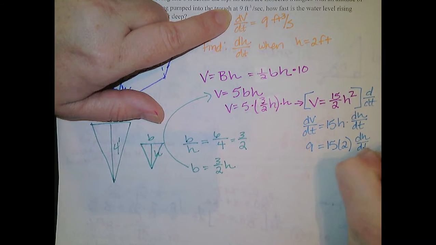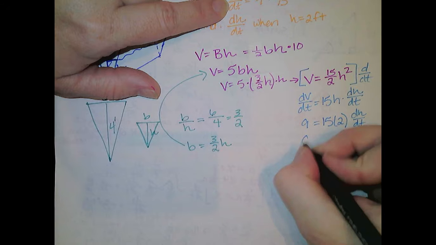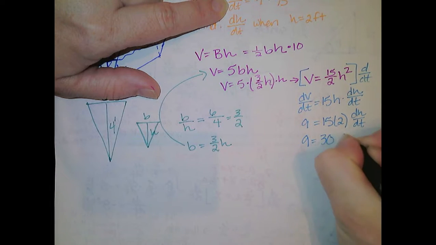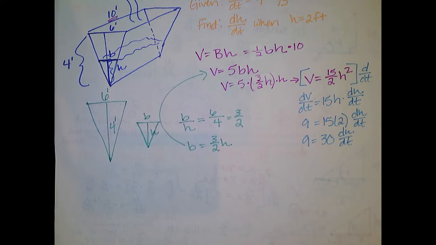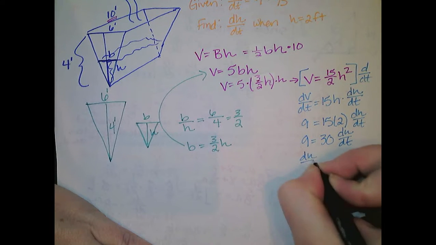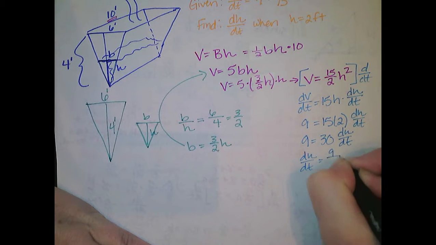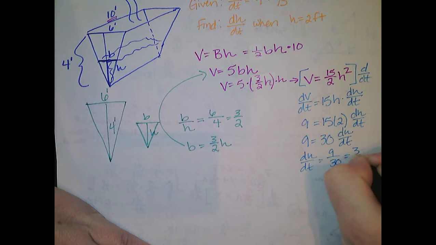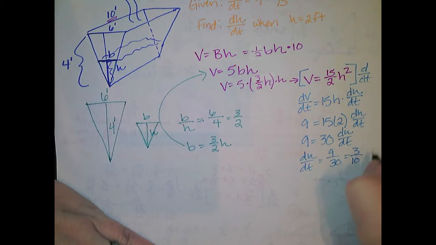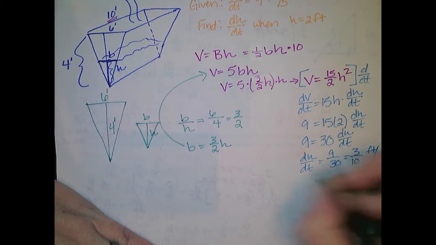So I have that 9 equals 30 times dh/dt. Then dh/dt would be 9 divided by 30, or 3/10. Our height is measured in feet, and our time is measured in seconds.